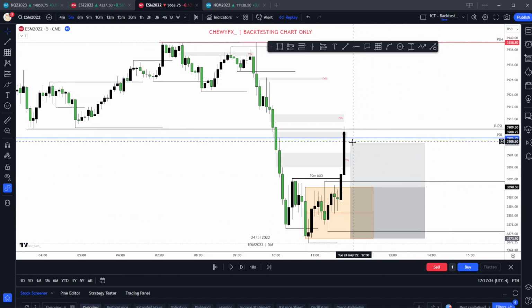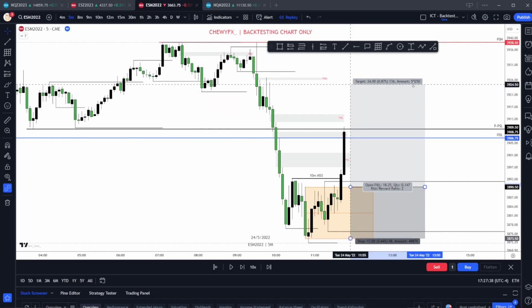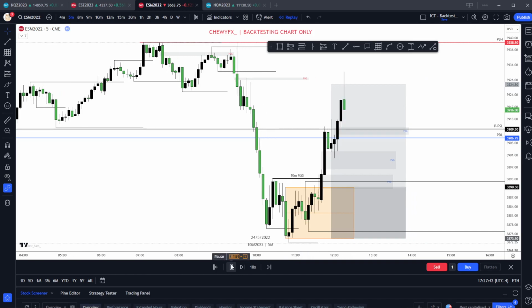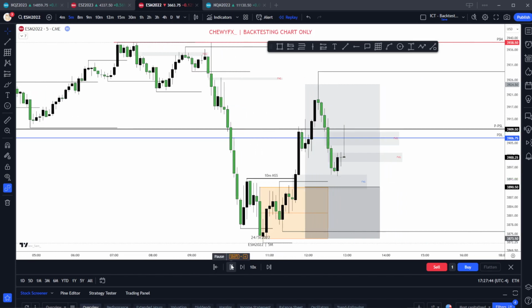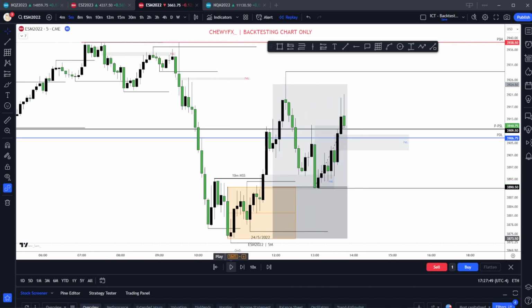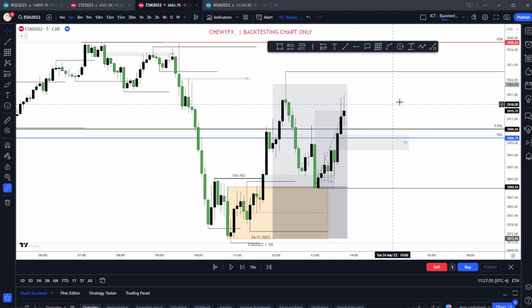The stop loss is fairly big, so we're only going to be catching this for 2R. Okay, so at this point in time, this is when we are going to want to place our break even.